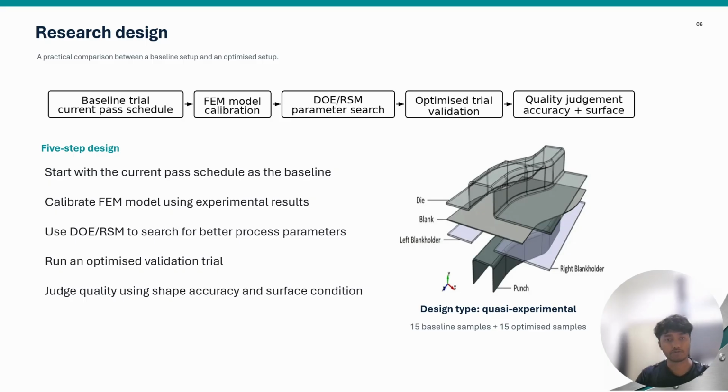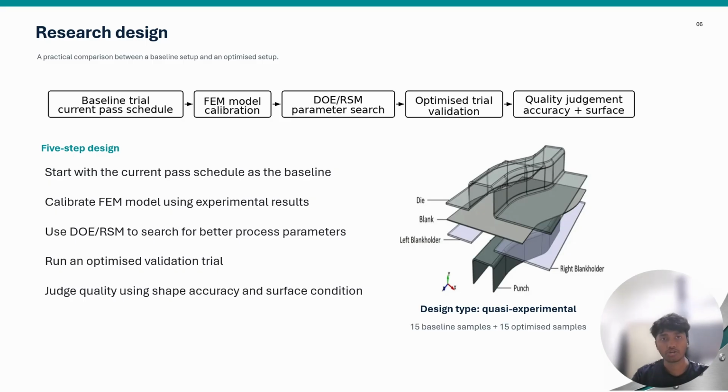In this phase, we're going to talk about the research design. The research design compares a baseline setup with an optimized setup. The first step is that the current process schedule is used as a baseline. Second, the FEM model is calibrated using the experimental results.